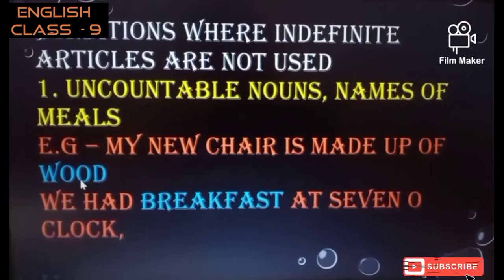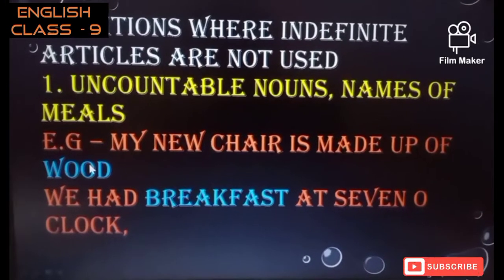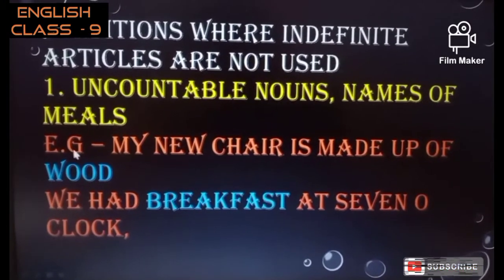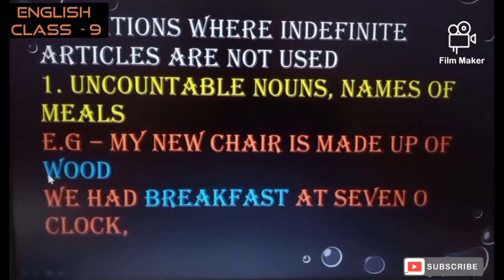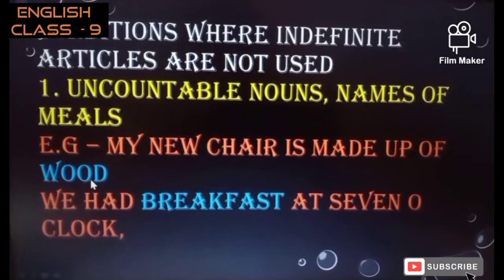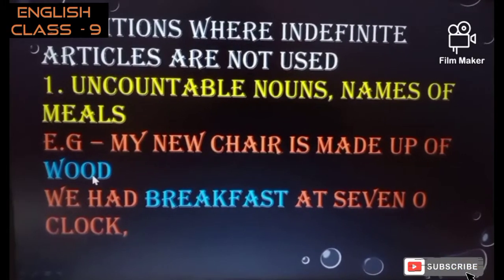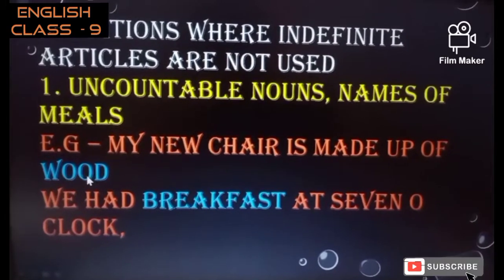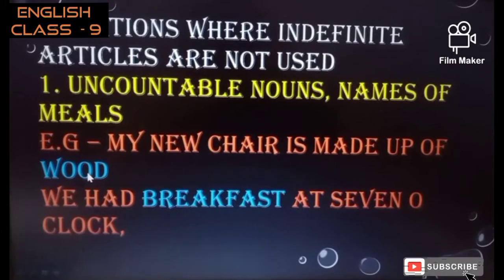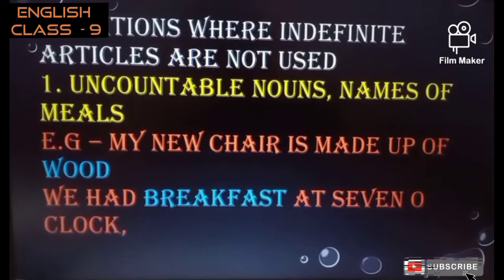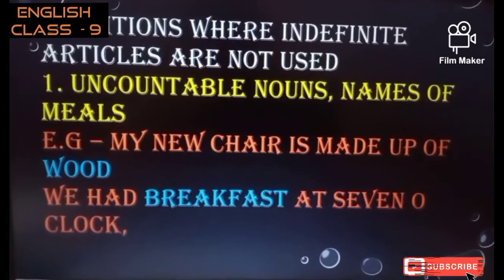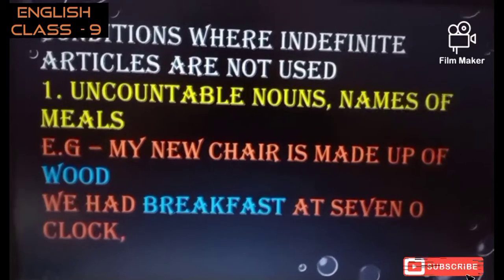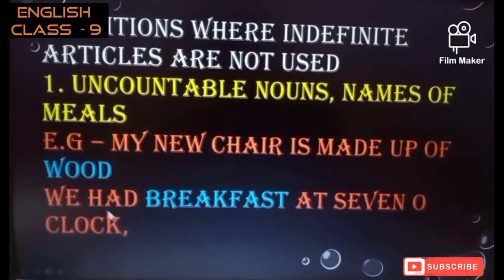Now here wood is an uncountable noun. As it is uncountable, we never use an or a before wood. With some other uncountable nouns also, we never use a or an, just like water, sugar, paper. These are some of the uncountable nouns. They never take indefinite articles.